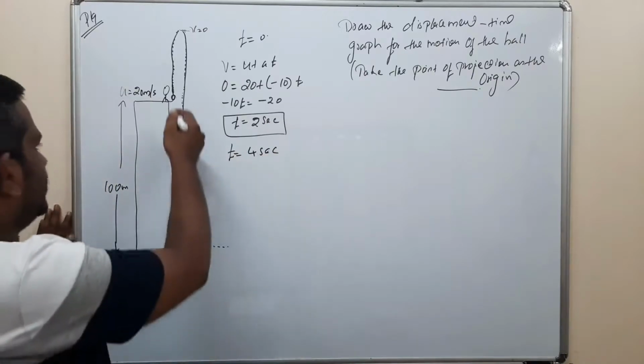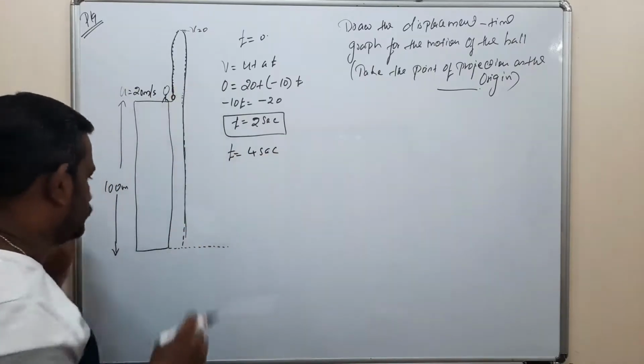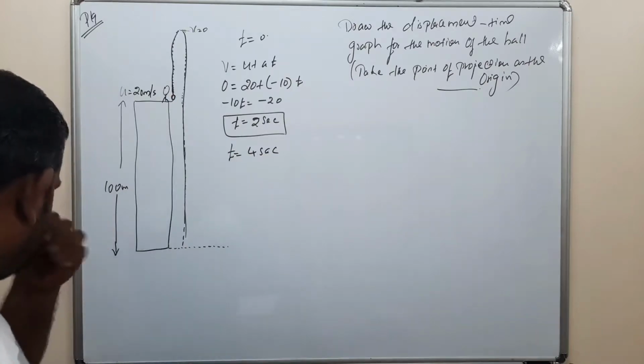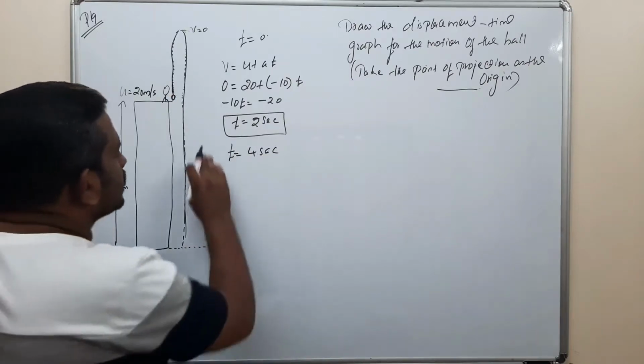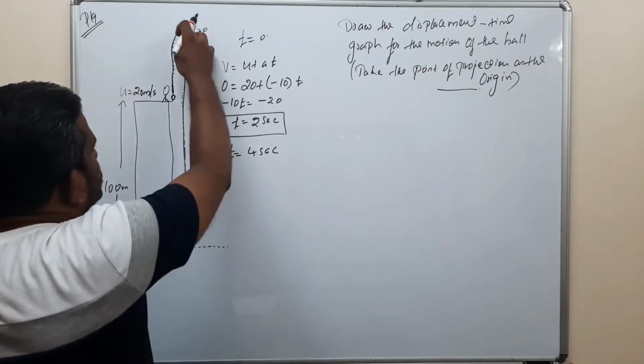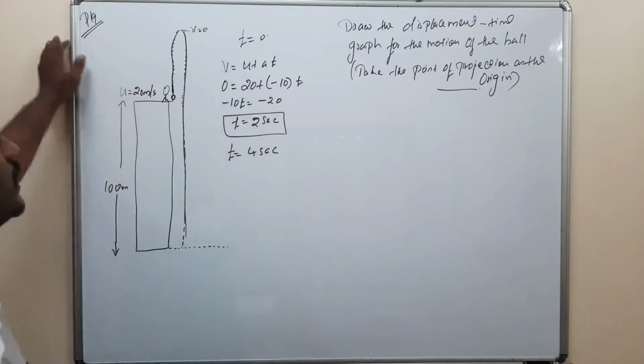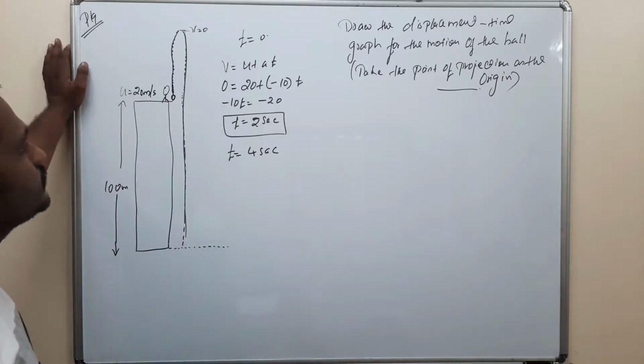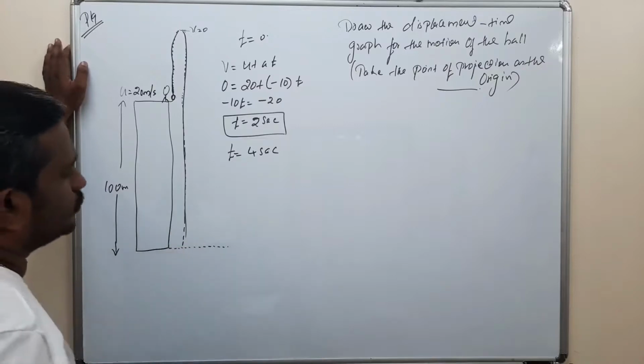So what is the time taken by the ball to reach the ground? Considering the motion from the maximum height, the ball comes down to the ground.